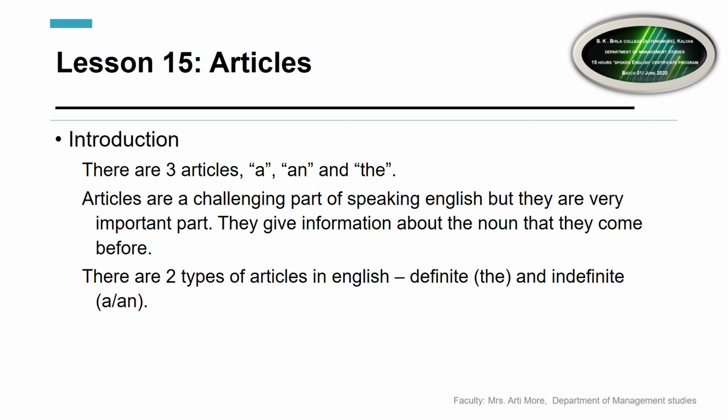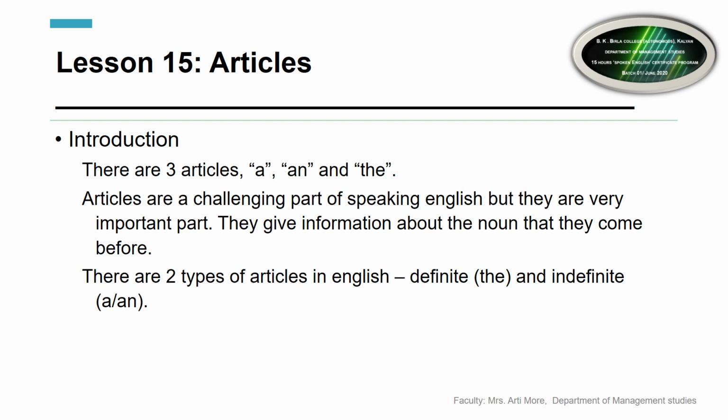Now I know this is a lesson that you need to watch. There are 3 English articles: a, an and the. Almost every single sentence that you say, hear, read or write contains articles. Yet many people cannot define what role these articles play in the English language.